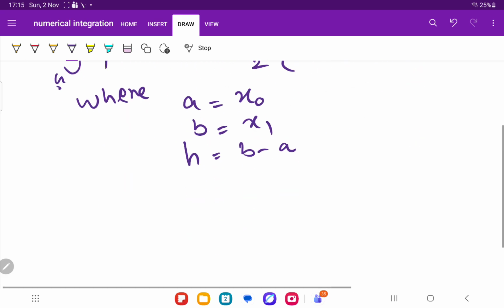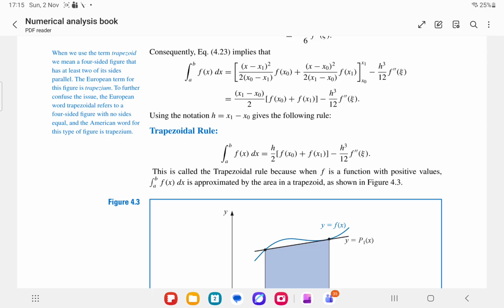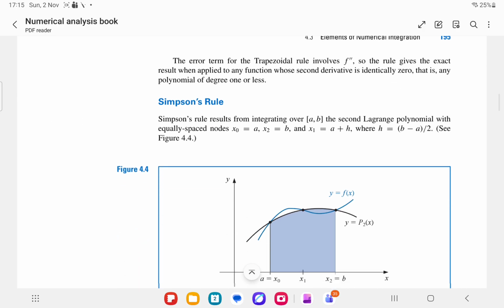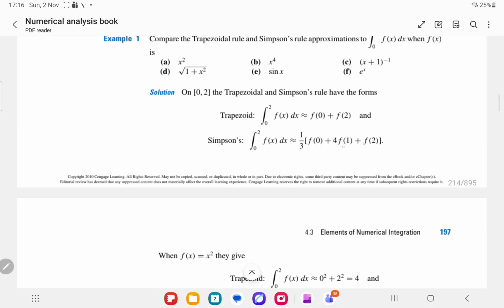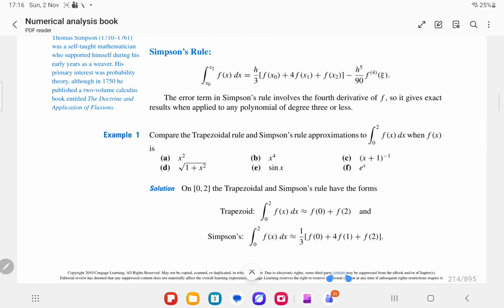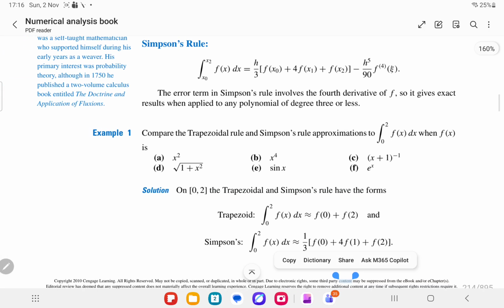Now we'll pick any of the functions to take the integration through the trapezoidal rule. So for example, in this example we could see that the function is defined from 0 to 2, and there are various functions, x square, x4 and so on. So we simply take x square.